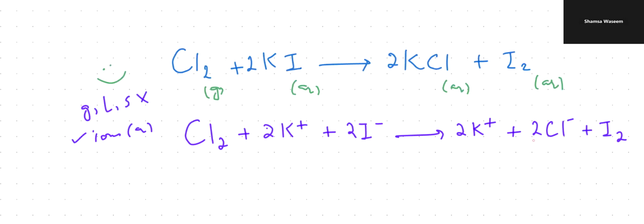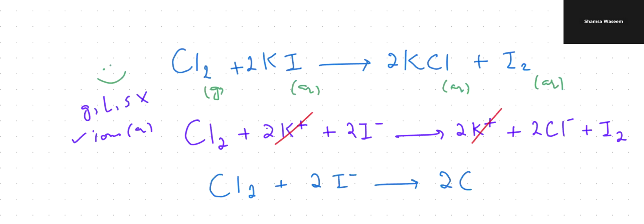So only potassium is going to be the spectator ion. What is left behind is written as chlorine plus iodide ions giving us chloride ions and iodine. So this is our overall ionic equation.